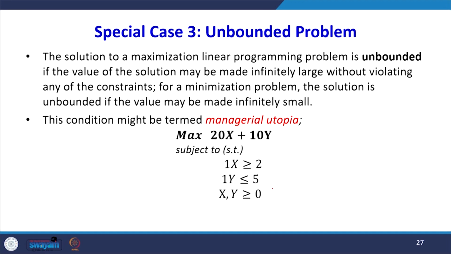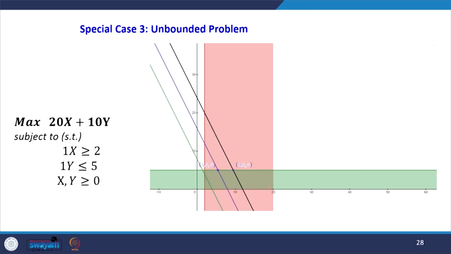When you plot graphically, this is the point where x is greater than 2, and y is less than or equal to 5.